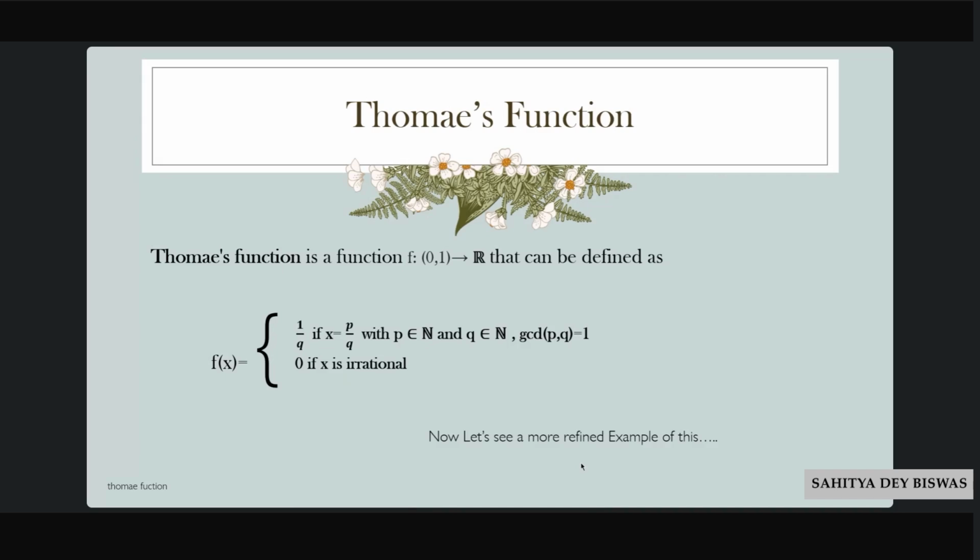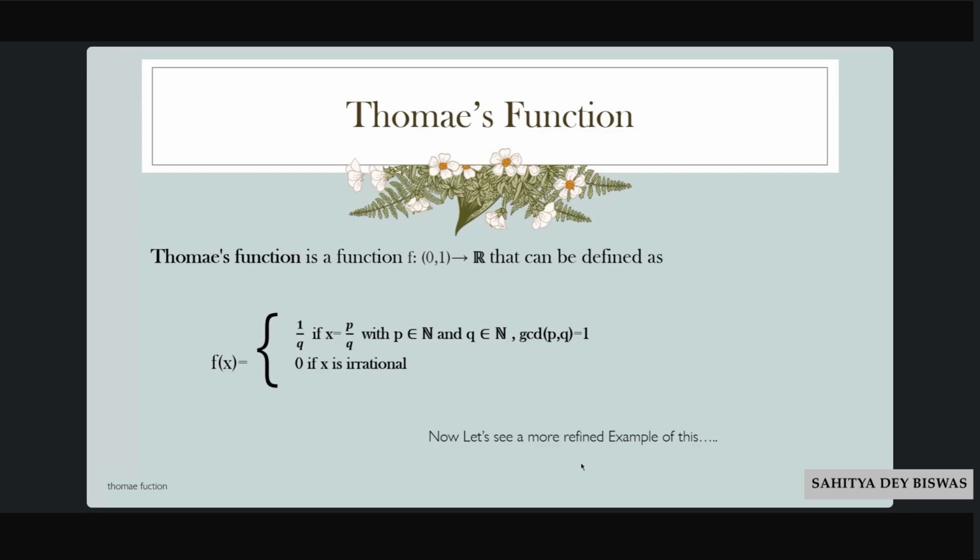Yes, ma'am. So you can check the continuity of this function at zero maybe later. When you are taking x equal to zero, this one by q form will not come, because p and q you are choosing from the natural numbers, right? So it is not coming in the first place. And zero you can check. Okay. Ma'am, your voice is breaking at the last.